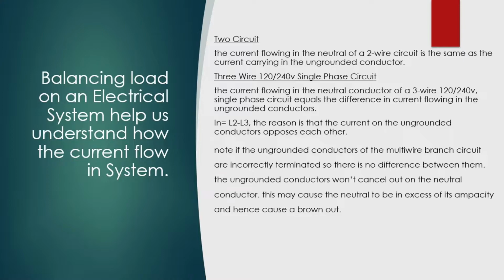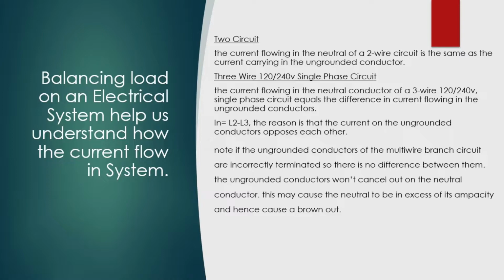The reason for the difference is that the two ungrounded conductors oppose each other. Note that if the ungrounded conductors of the multi-wire branch circuit are incorrectly terminated, so there is no difference between them, the ungrounded conductors will add up on the neutral conductor.